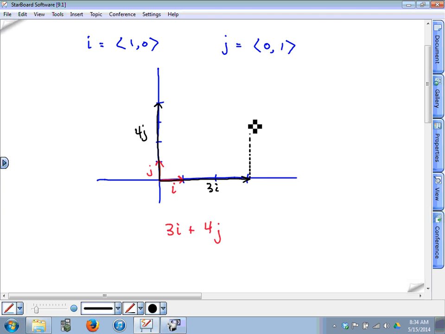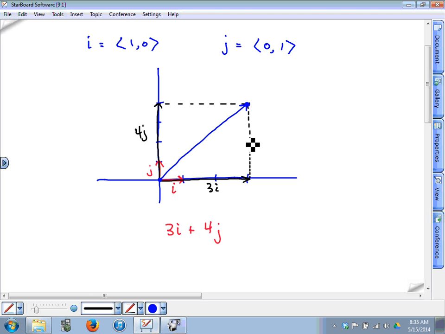So I'd have to draw a line here. I'd have to draw a line here to make a parallelogram, right? And then where would the resultant vector be? The diagonal one, yeah. The length of it? Yeah, the magnitude of it would be the square root of 3 squared plus 4 squared, yeah.